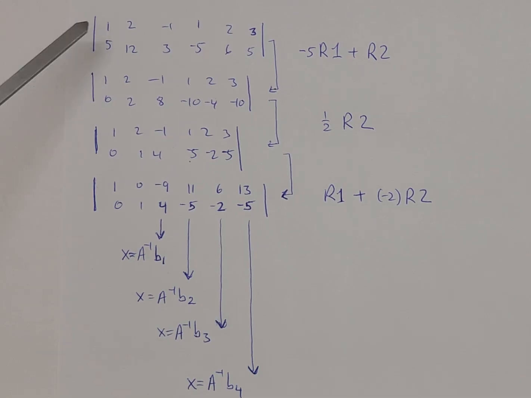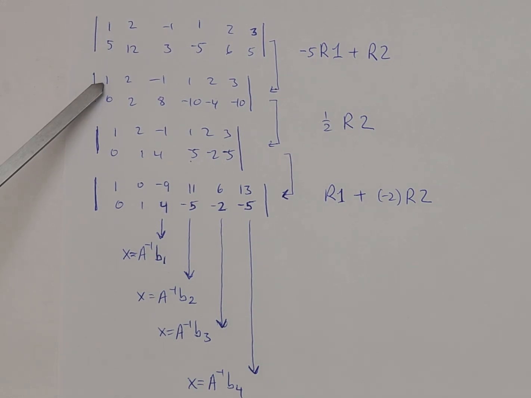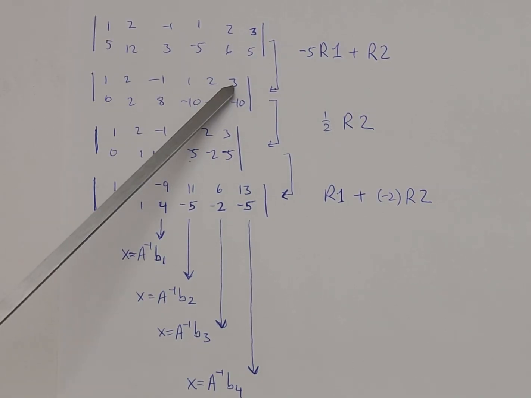One more time. Since this is already a 1, leave it alone. So the first row, leave it alone.